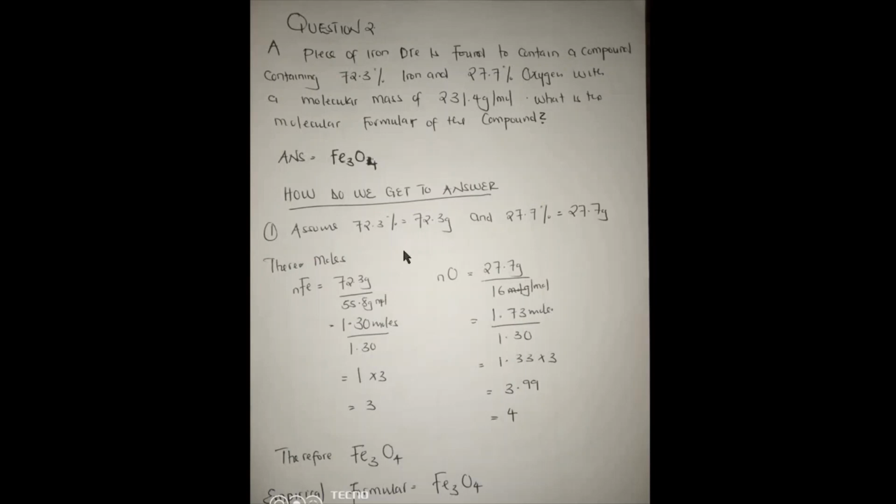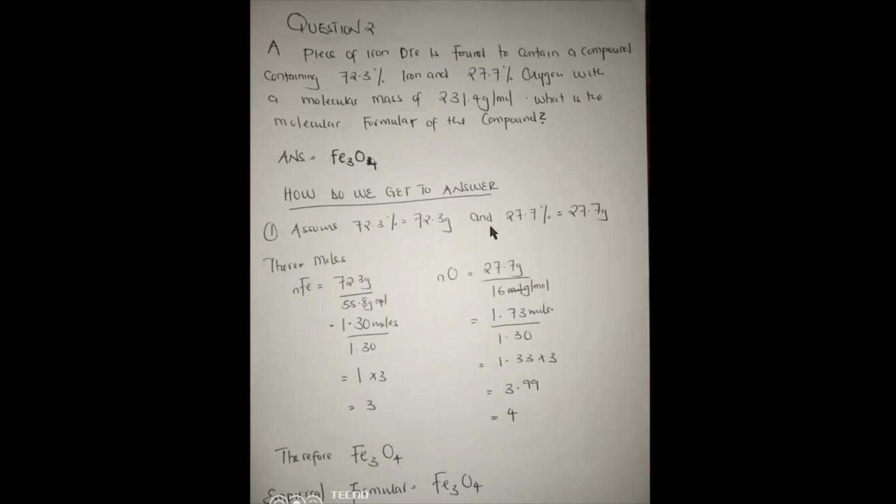How do we get this? Since 72.3% plus 27.7% adds up to 100, you assume that 72.3% is 72.3 grams and 27.7% is 27.7 grams.